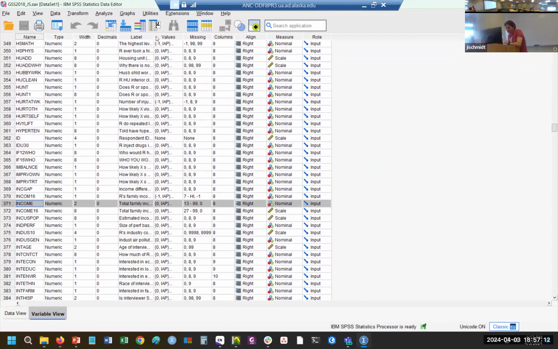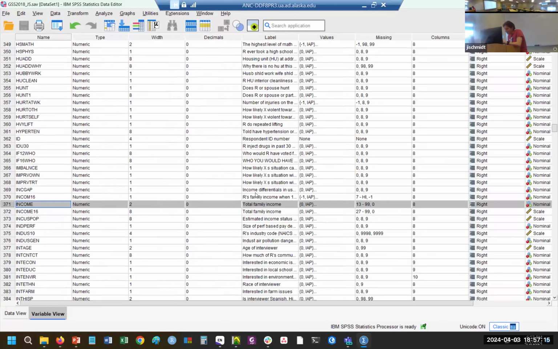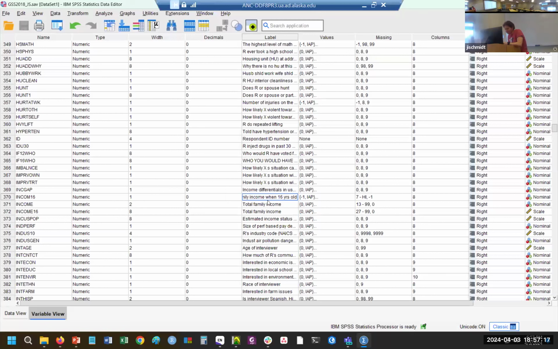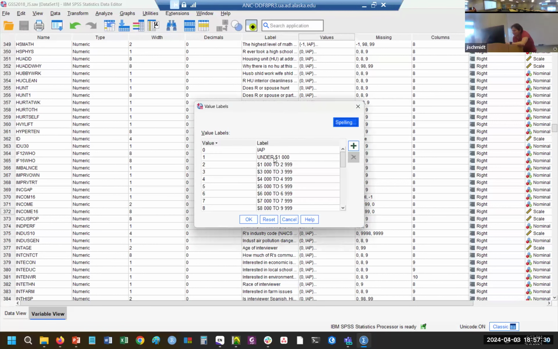I think it was total family income. It had categories like under 1,000, 1,000 to 3,000, and so what I did is I made this 500, 1,500, 2,500. I broke it into numbers so that we could do a regression. Okay.